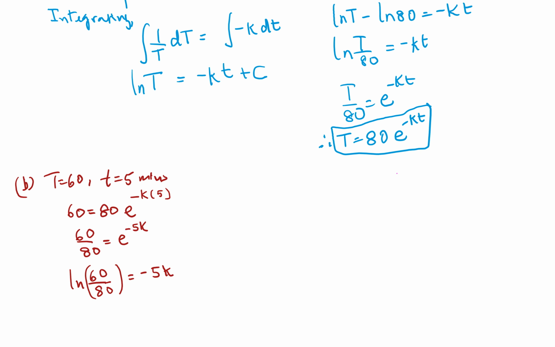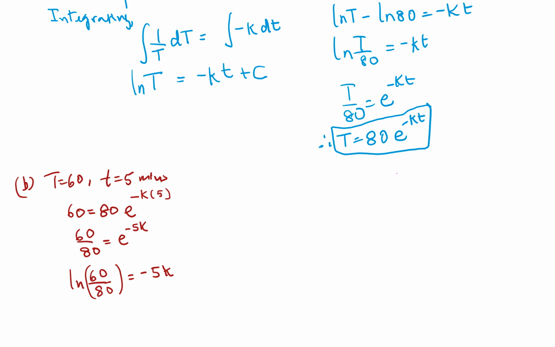Then all I have to do is find ln of 60 over 80, and that gives me minus 0.287. Then I need to divide it by minus 5.